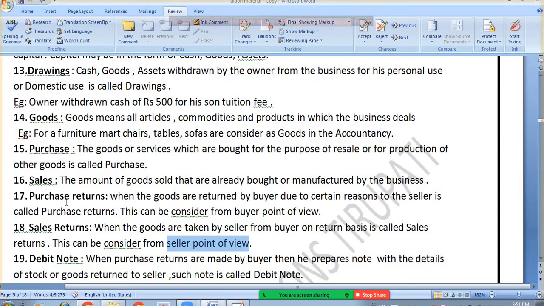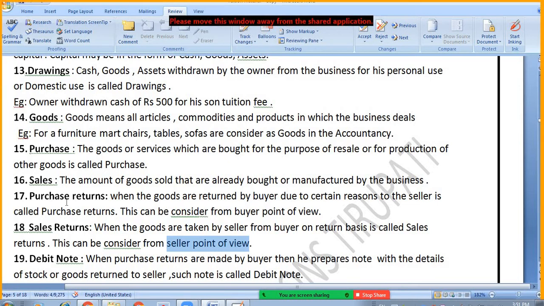The seller receives the goods on return basis from the buyer, due to damages, leftover stock, or low quality products.